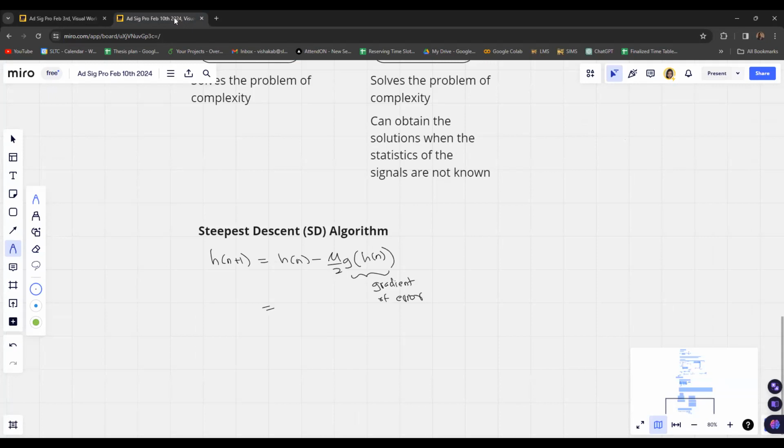By solving this equation, you can find the optimal h values that will converge over time.